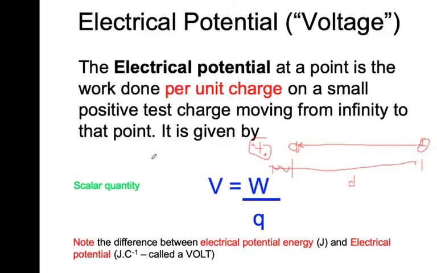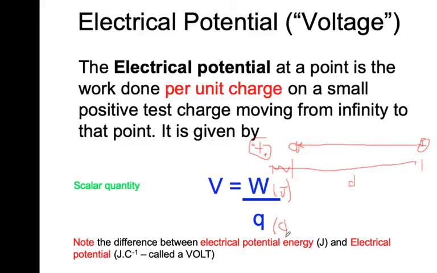So we'll break it down into an easier way to think about it. Voltage is the amount of work done, so we're measuring that in joules. Work and energy are both measured in joules. Work is force times distance. Energy is the ability to do work. And we're going to divide that work in joules by the charge in coulombs.